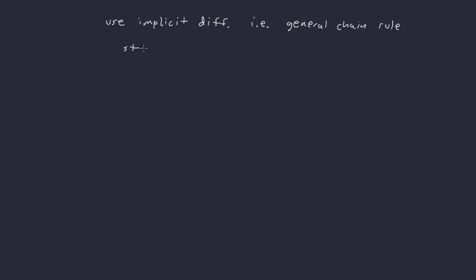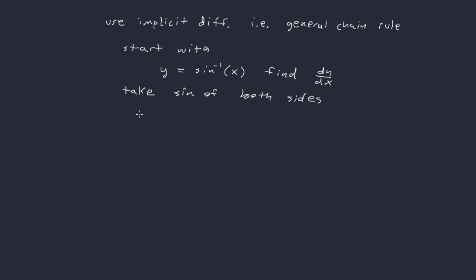Here's how we'll start: with y equals sine inverse of x, and we want to find the derivative, dy dx. As given, we can't really do that because we don't know the rule for sine inverse. So instead we'll take sine of both sides, and you'll see why in just a second.